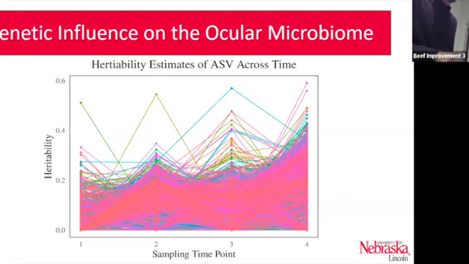And what I should note is that for a lot of these, when that heritability estimate drops to 0, that's because that ASV is not present in any samples at that time point. So it just goes away and then comes back. And what we think this is a function of is a normal, then a recovery state at time 2 and 3, and then a new normal at time point 4.